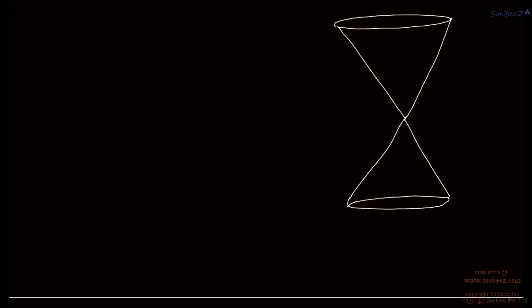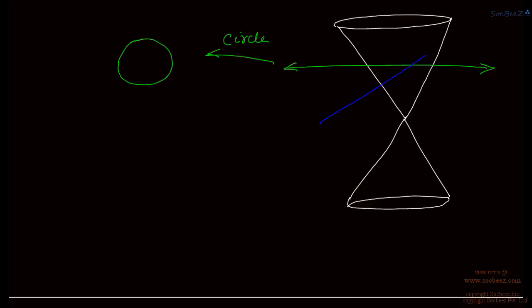Say if we cut a cone like this, parallel to ground, the cross section we will be getting is a circle. The cross section is like this, so it is a circle. Okay, if we cut it like this, then the cross section we get is something like this, which is an ellipse.